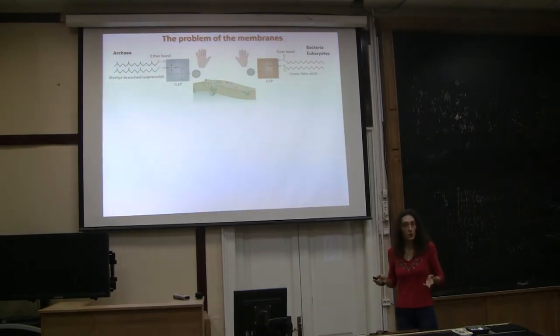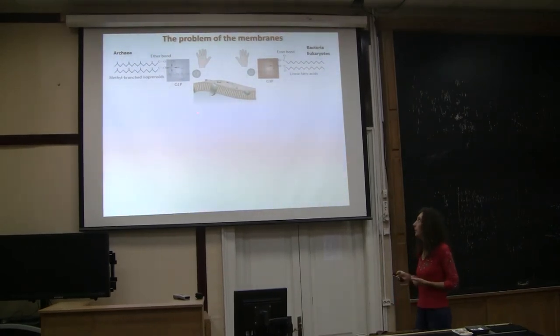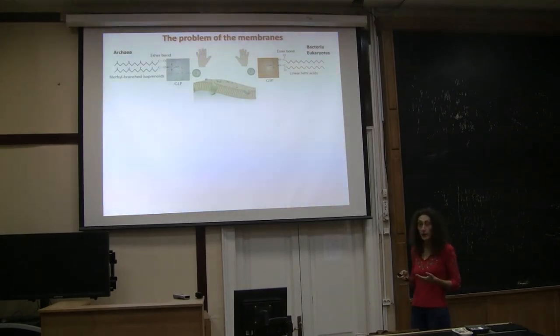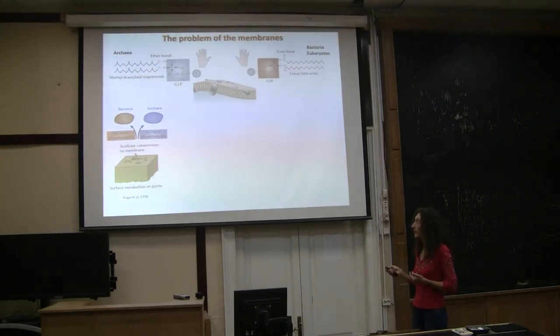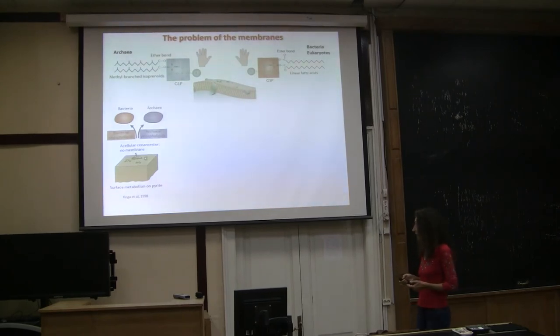This may seem trivial, but the enzymes involved in the synthesis of the two types of phospholipids are so different that some people propose that the last common ancestor of all organisms didn't have membranes, and that membrane phospholipid synthesis was invented independently in the bacteria and in the archaea. There were two independent origins of lipids.